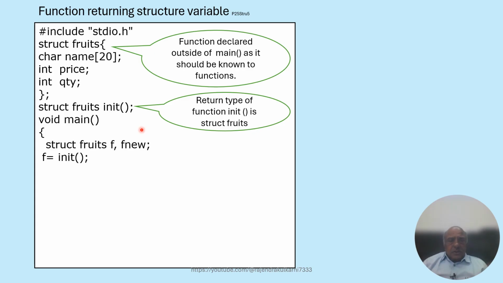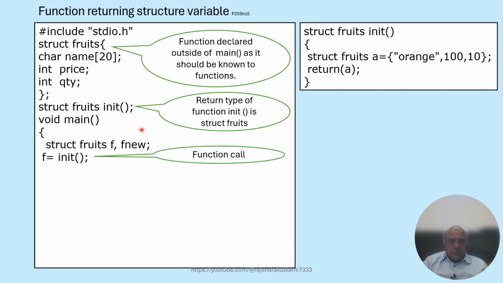Then we have called the function init. f = init(). This is the call to the function. What does this function do? It is defined as struct fruits a = {orange, 100, 10}.